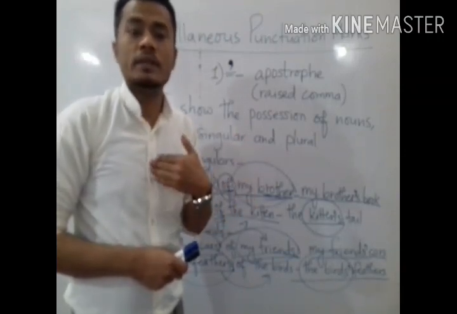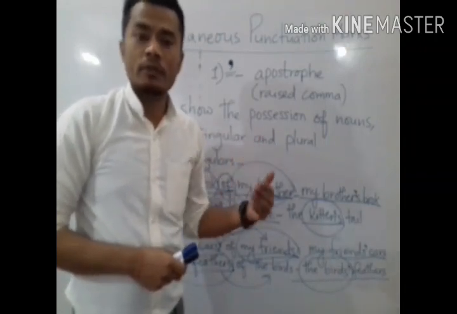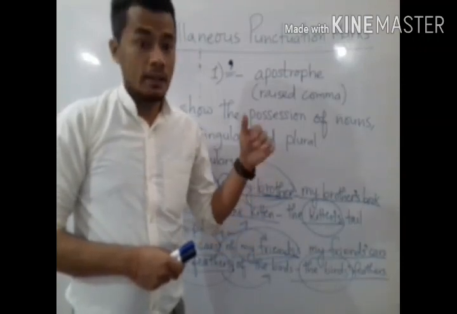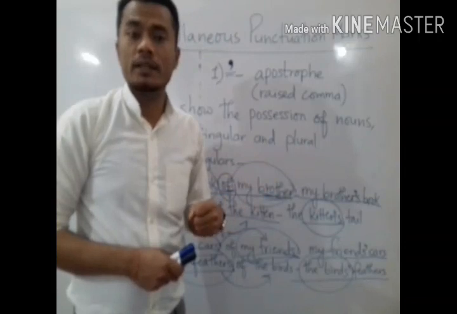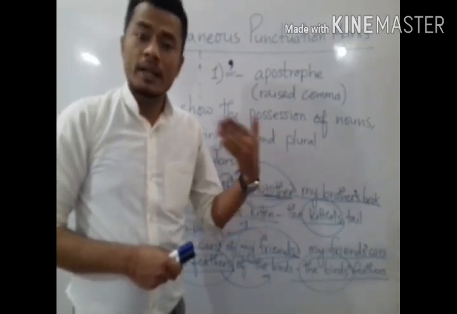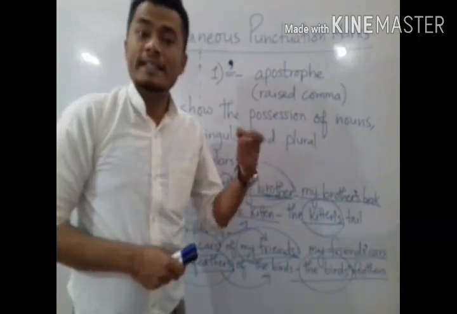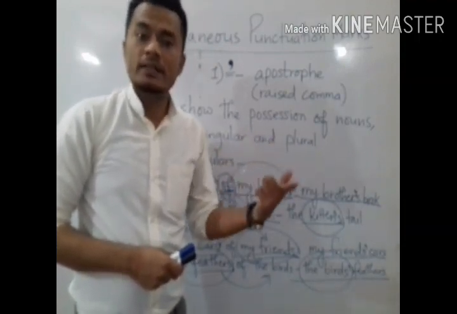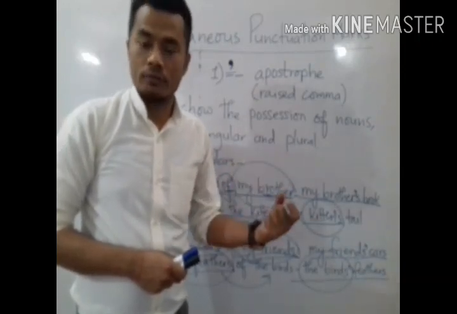If I am showing the possessive case of teacher, and the word teacher is singular, then I have to write teacher's. If the same noun teacher is plural, then I have to use teachers'. In singular, teacher's; in plural, teachers'.